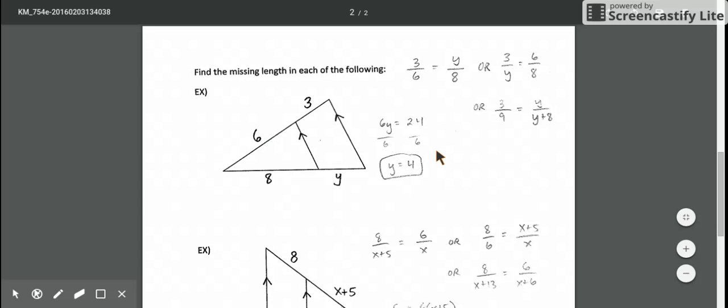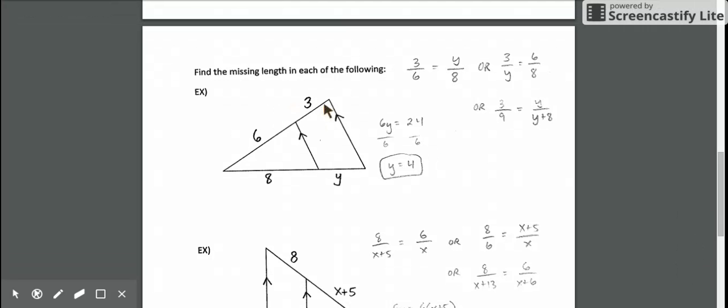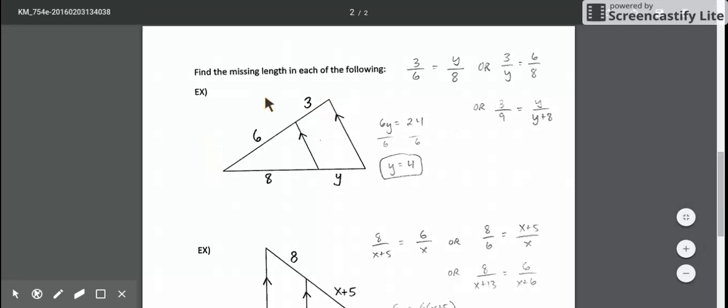We could also get fancy, not necessary, but we could compare 3, or this piece, to the total length on this side of the triangle, so 3 to 9, and say that's equal to y to 8 plus y, the total length there. That would be the trickiest or fanciest way to do it. Not necessary. Any of these previous two proportions work just as well. So to solve a proportion, cross multiply and solve, and so we get y equals 4.